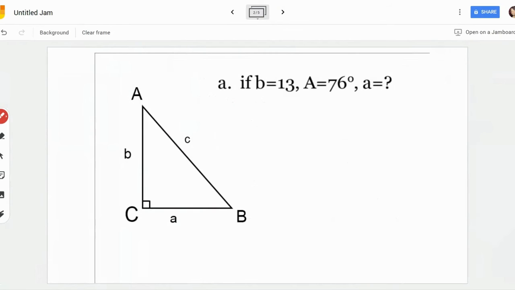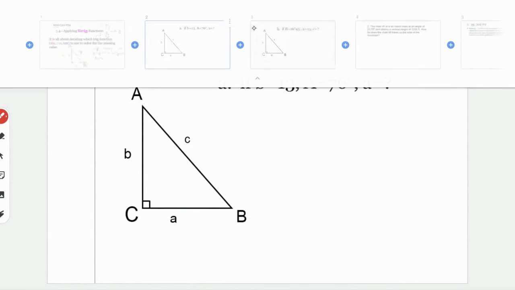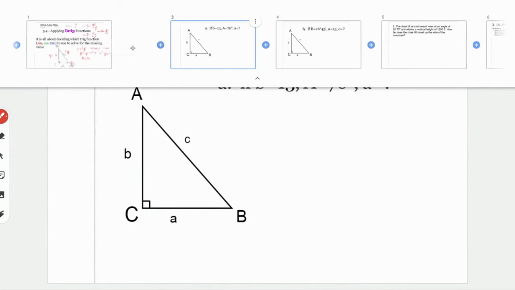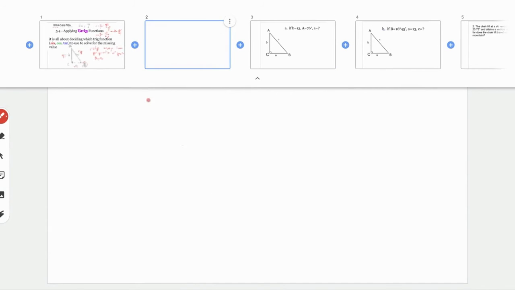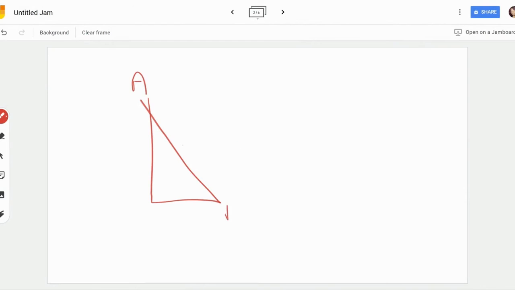I'm going to make my own really quick. So let's say we got this triangle. You know, it's A, and that's B, and that's C. And let's say we know that B is 25 degrees.